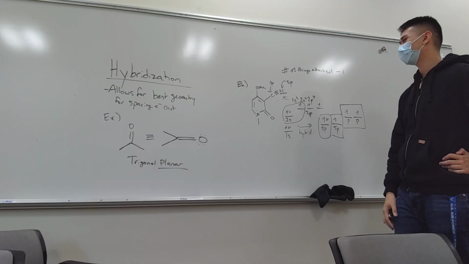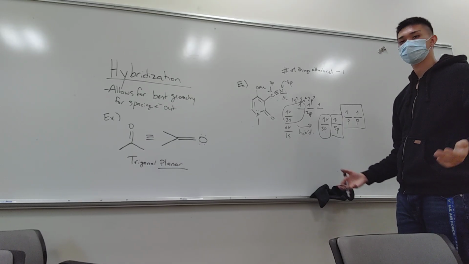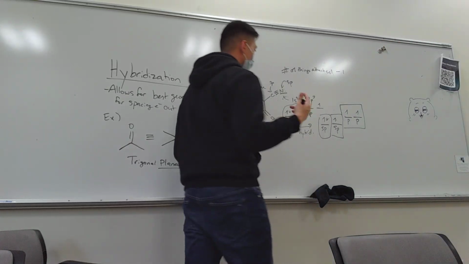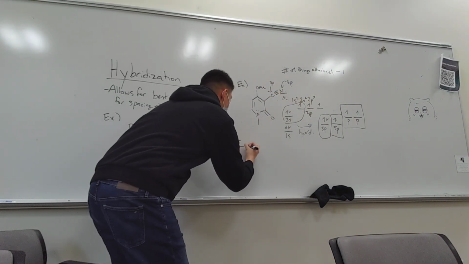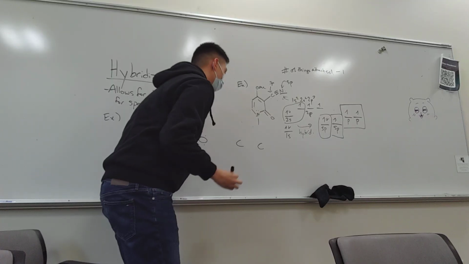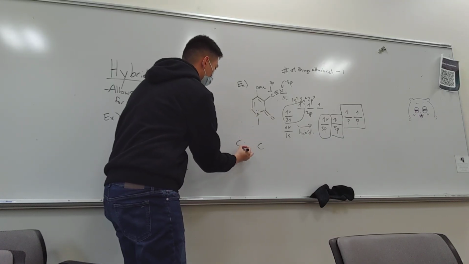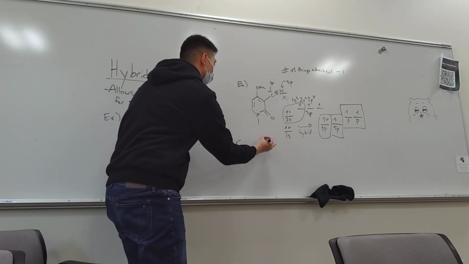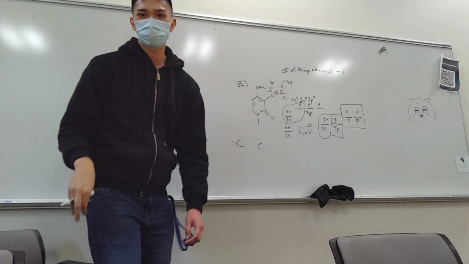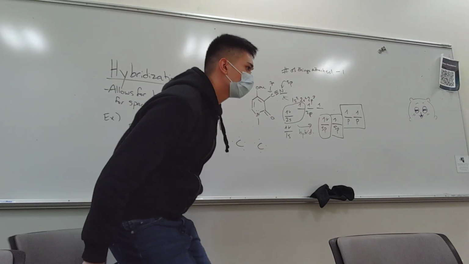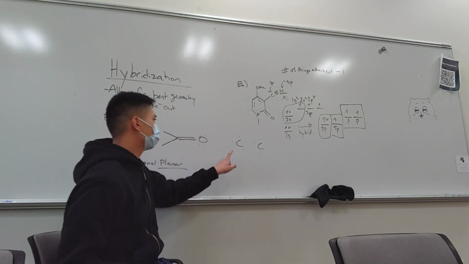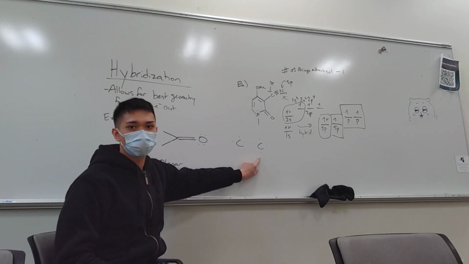Anyway, just as a quick reminder, when I have 2 atoms that want to bond, let's say 1, 2, 3, 4, 1, 2, 3, 4, a bond consists of how many electrons? Just 2. So this carbon has 4 valence electrons, and this carbon has 4 valence electrons.